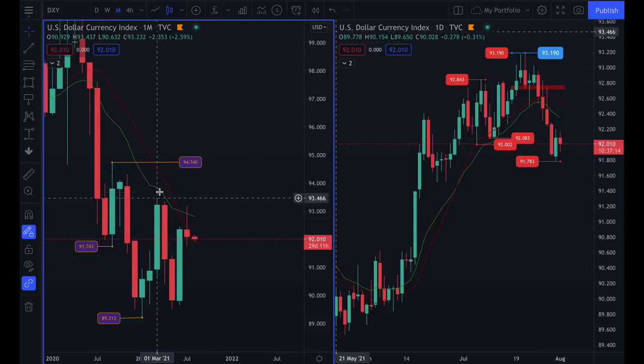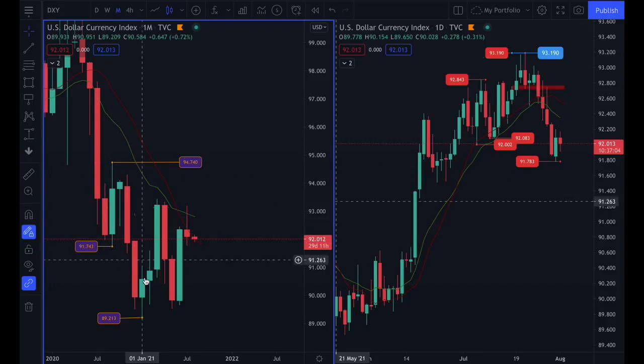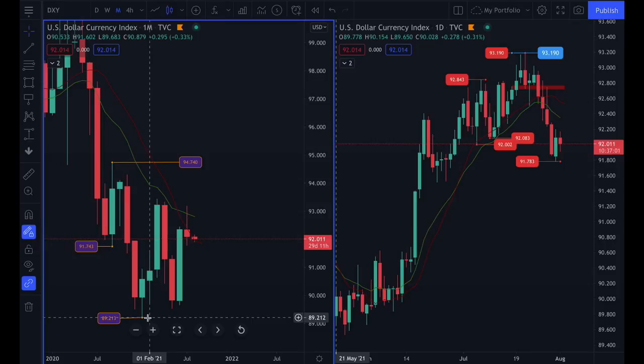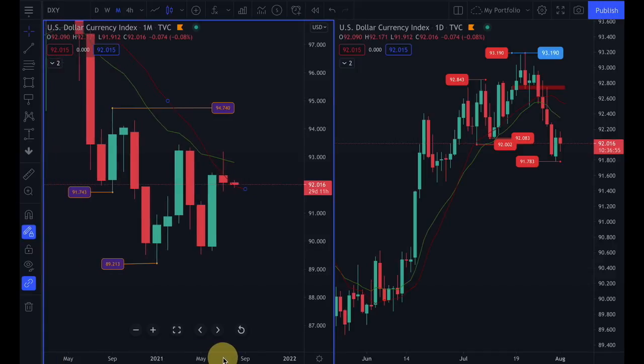If you look at the fluctuations, from $91.74 up to $94.74, down to $89.21. I'll make this bigger just in case you can't see. You will see that these numbers are fluctuating to the downside, which means that we are in a bearish trend on the dollar index.